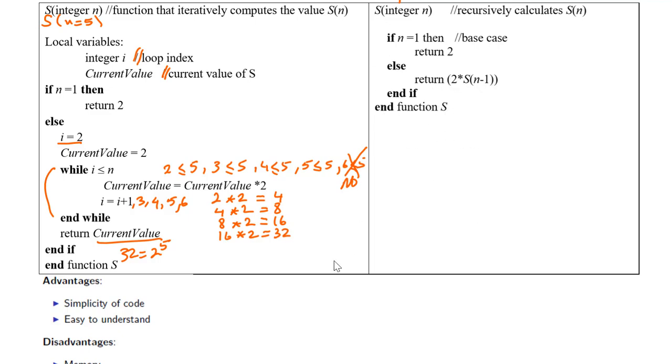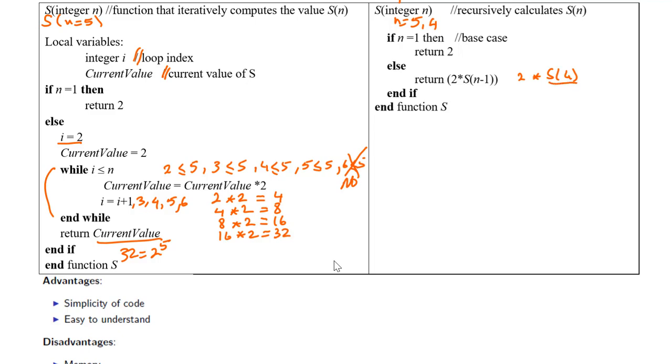So let's see this with the same thing. N equal to 5, so return 2 when n is 1, else you return. So 5 is not 1, so we're gonna go to the else, and we're gonna return 2 times s of 4, and then call s of 4 now.